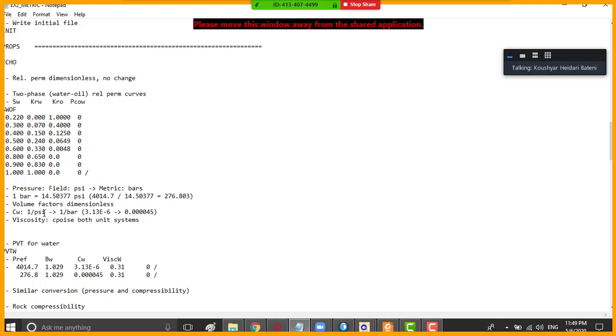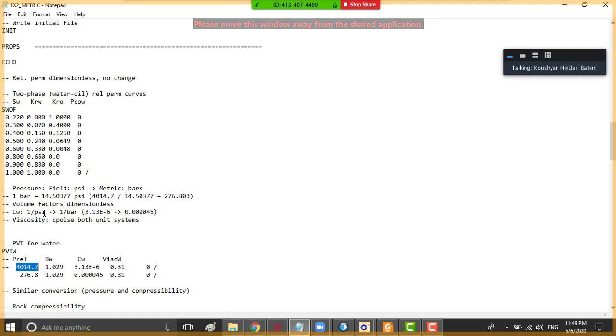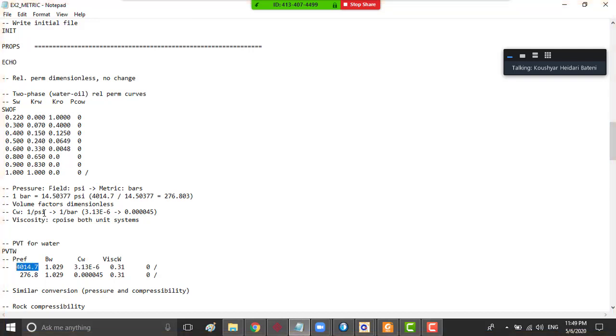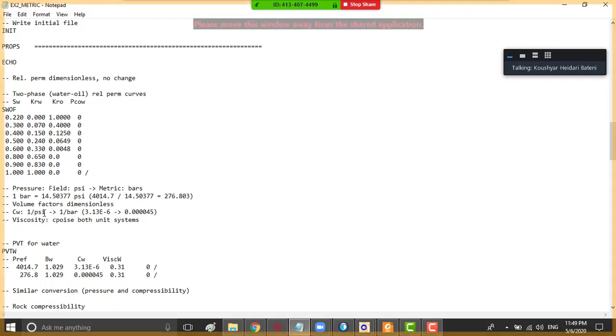The first column gives you the reference pressure in PSI. In order to convert it to the metric system, in which the unit for pressure is bars, you have to divide this value for pressure by 14.7. If you do that, you're going to get 276.8.